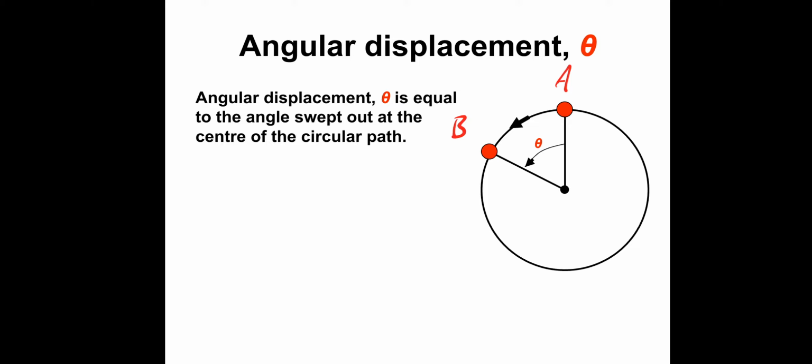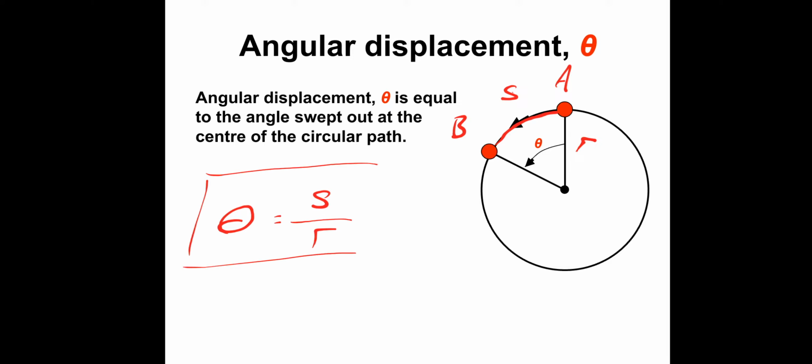There's an equation that we can use to describe this. We've got the angle theta, we've got the radius, and we can call this arc length, this bit, s. I've only ever seen this used once in an exam question a long time ago. So theta is equal to s over r.